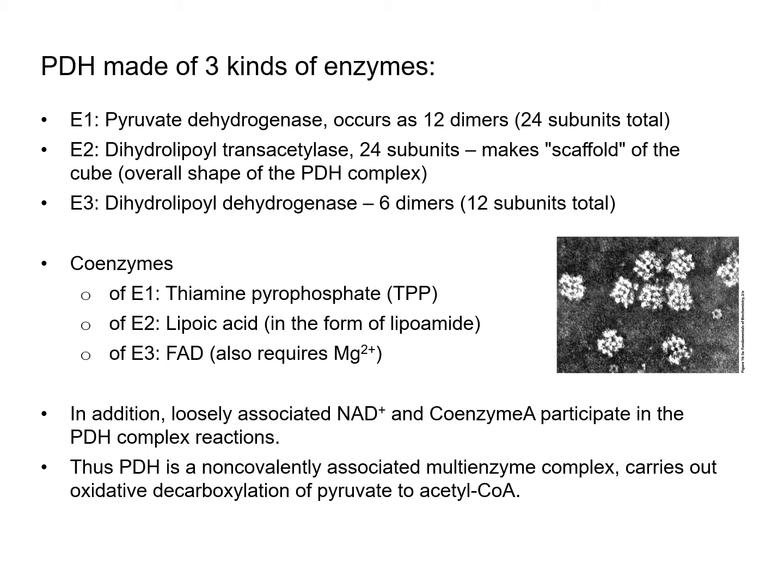In addition to these coenzymes, loosely associated NAD plus and coenzyme A participate in the PDH complex reactions. Thus, PDH is a non-covalently associated multi-enzyme complex that carries out the oxidative decarboxylation of pyruvate to acetyl-CoA.